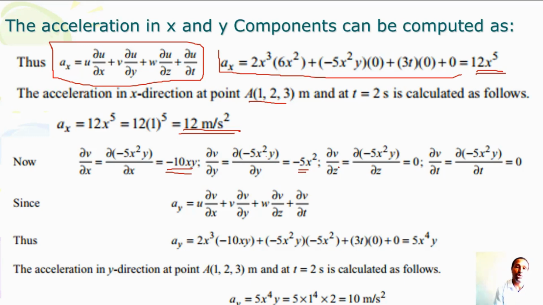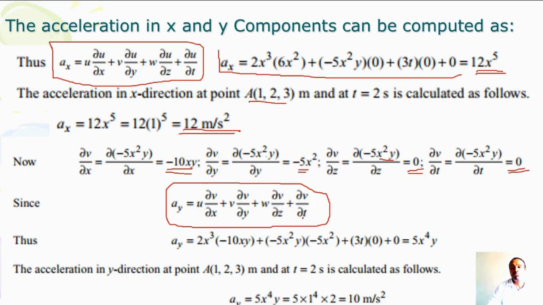And ∂v/∂z, there is no z variable here, so you simply make it 0. And ∂v/∂t, there is no t variable in this equation, so you have 0. Then ay is given by this equation: ∂v/∂x times u plus v ∂v/∂y plus w ∂v/∂z plus ∂v/∂t.